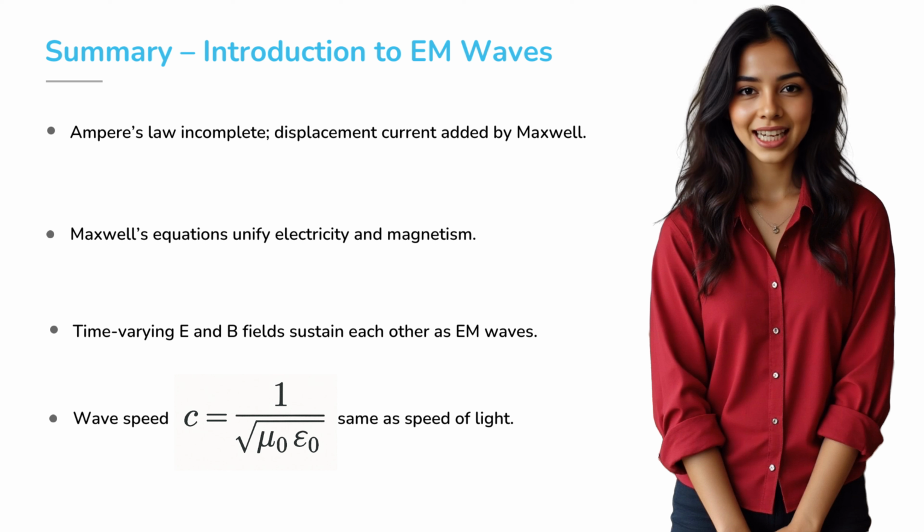From them emerged electromagnetic waves, coupled oscillations of electric and magnetic fields that travel at light speed, c equals 1 divided by square root of mu naught times epsilon naught. The crowning revelation? Light itself is an electromagnetic wave. Isn't it incredible how a simple inconsistency in a capacitor experiment led to one of the greatest unifications in physics? And that's why Maxwell is often called the Newton of electricity and magnetism.